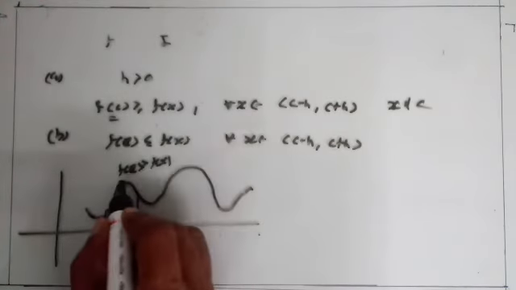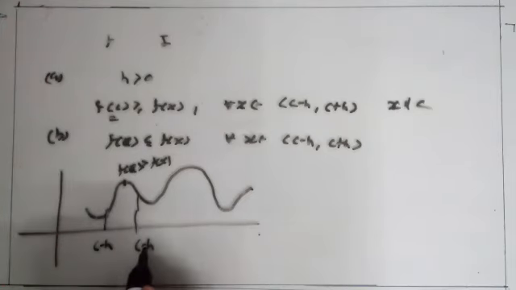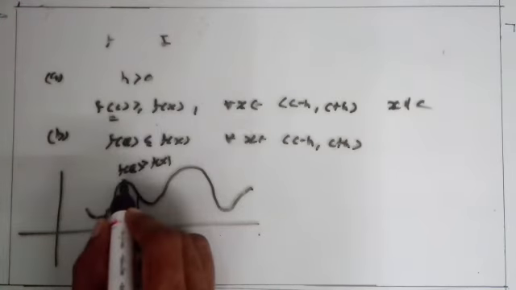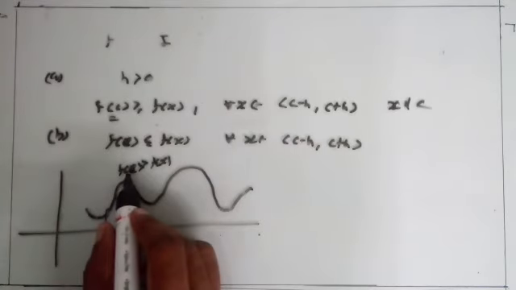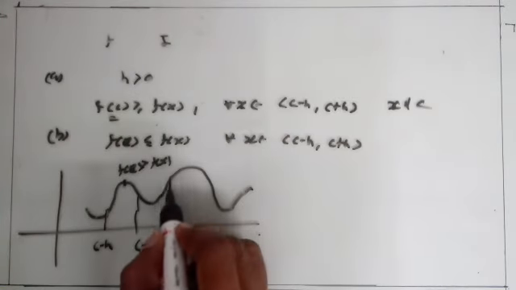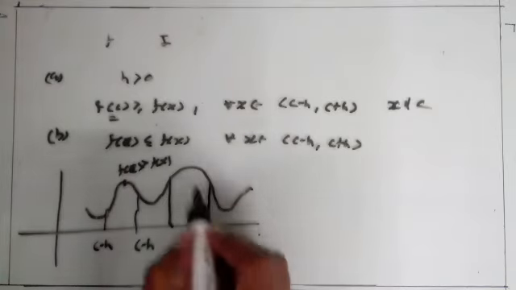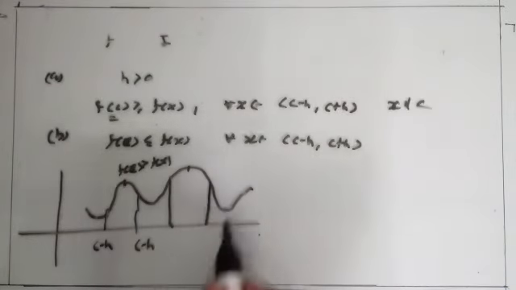So we get a point C in (C minus h, C plus h) where f(c) is greater than f(x) for all x belongs to (C minus h, C plus h). Here f(c) is called local maximum. Similarly, in this interval also we get a local maximum.